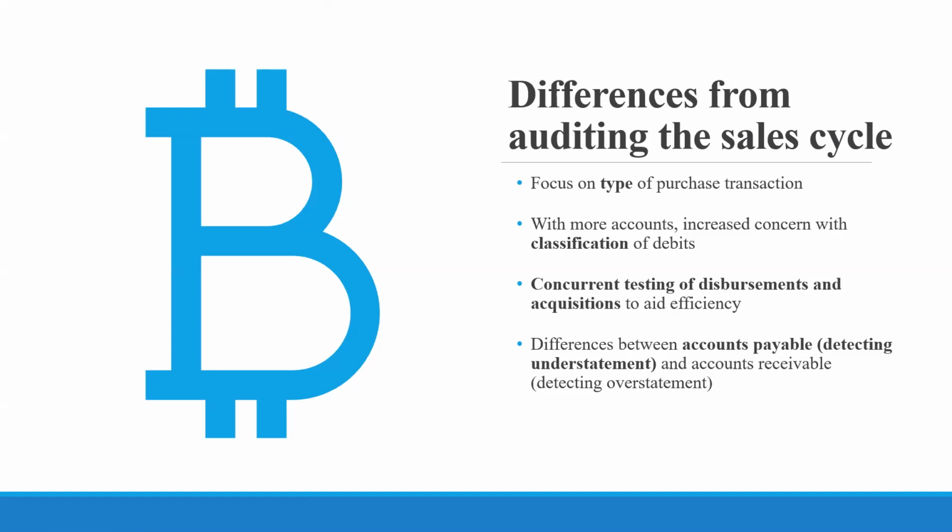At this time point, we are going to do the concurrent test of disbursement and acquisition. This time is very important, and all the accounting tests and auditing tests at this time point would also be very important.